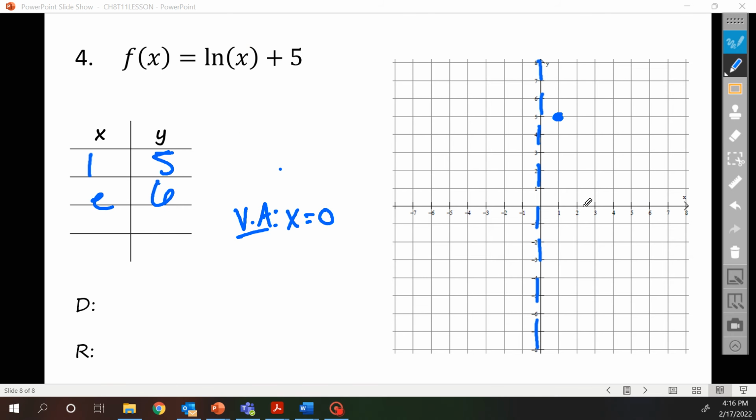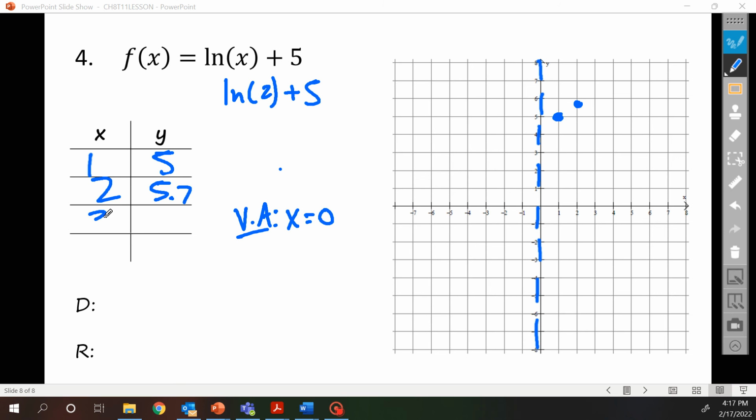I mean, e's like here at 2.7, so I'm just going to plug in 2 and see how that works. So let's plug in 2. So I'll take the natural log of 2 and add 5 to it. So I'm going to have to put this in my calculator. Natural log of 2 plus 5 is like 5.7. So like right here.